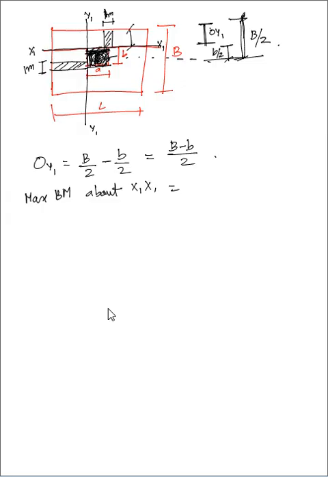Force is basically the weight of this strip. So what is the weight of this strip? Small w is your net soil pressure, multiplied by the area. The area of the strip is 1 meter, 1 multiplied by this distance, (B minus b) by 2.